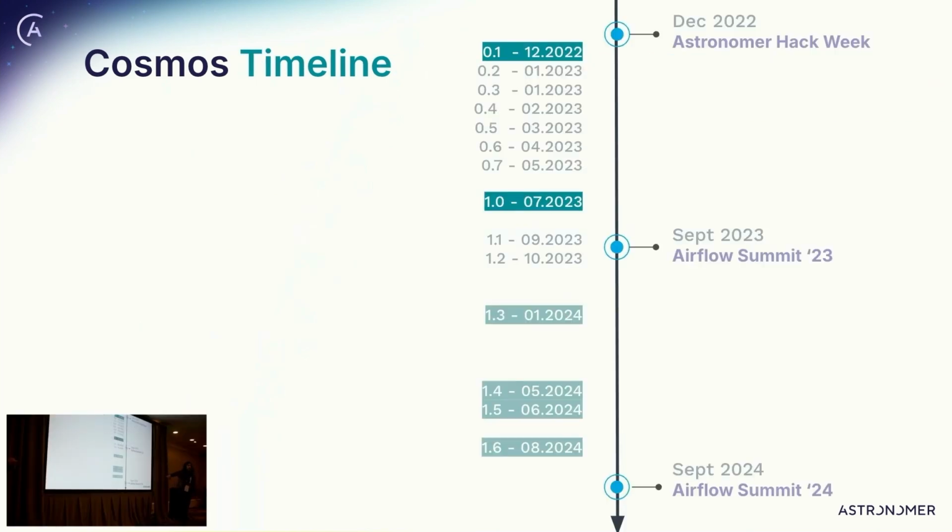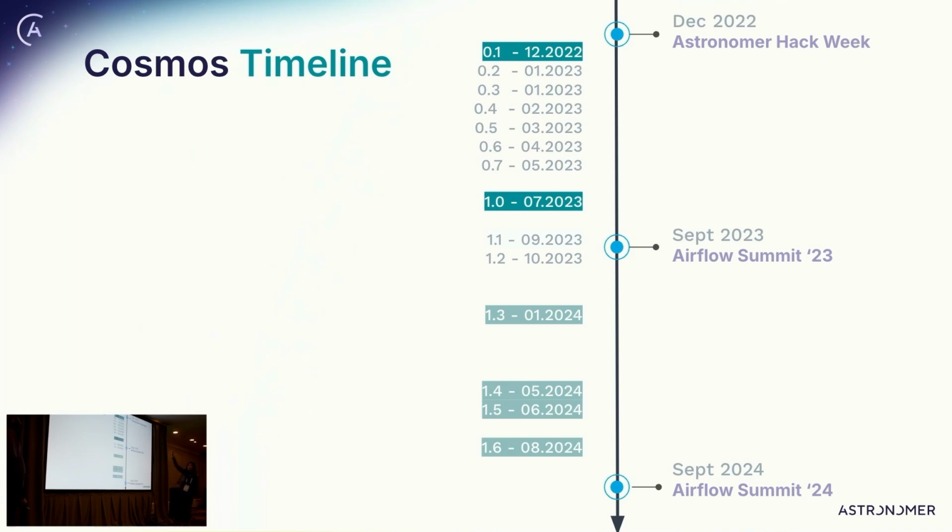From a timeline perspective, Cosmos was born in December 2022 as a hack day project at Astronomer, where people were just tired of many customers having their custom DAG builders out of dbt. And the CRE team thought, we should just try to propose some tools so people can reuse them, and that will make our lives easier to support them than each one trying to do this in a different way.